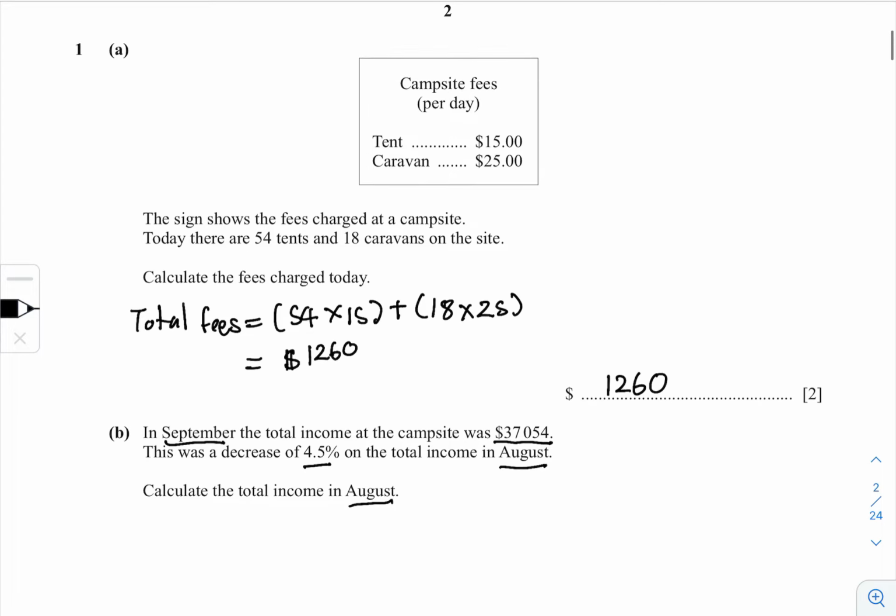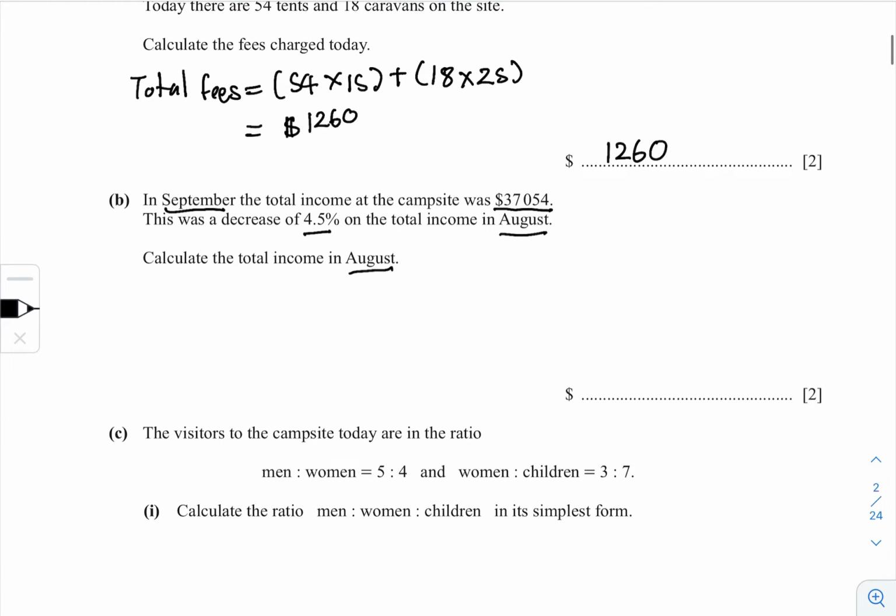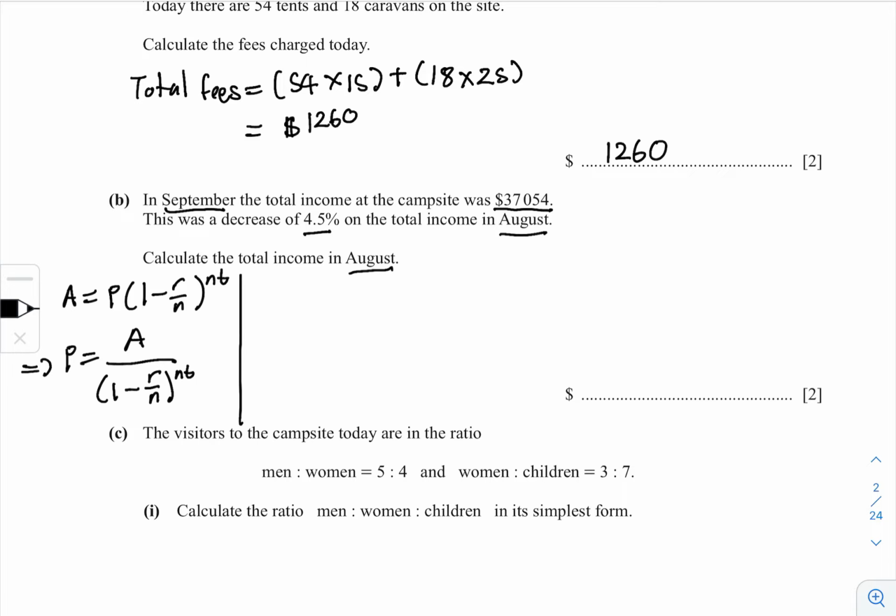So using the compound interest formula, we have A equals P(1 minus R/N) to the power of NT. By rearranging the formula, we get P equals A over (1 minus R/N) to the power of NT.